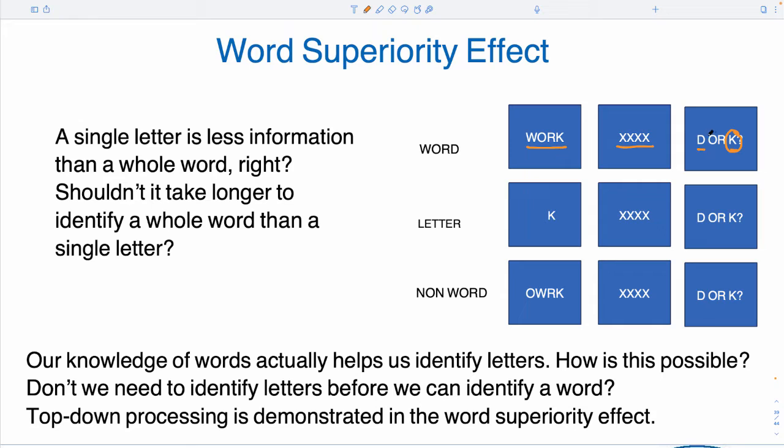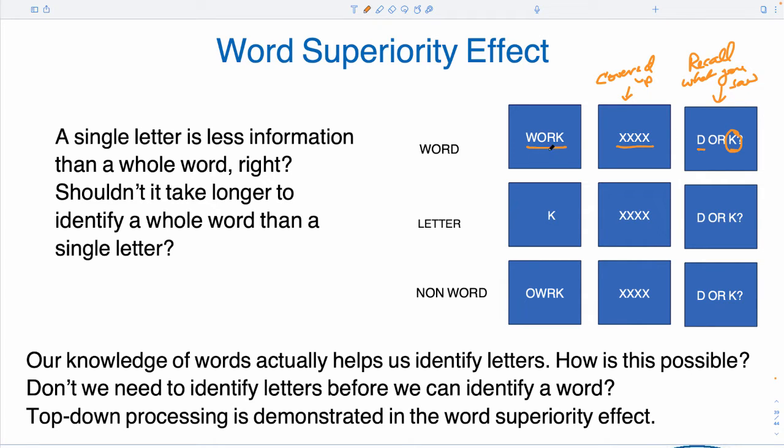Now, they compared how long it took people to figure out if there was a K. And because the letters and words were covered up in this phase, when you're asked this question, you have to rely on your memory. And you have to sort of take a look at the mental image to answer that.